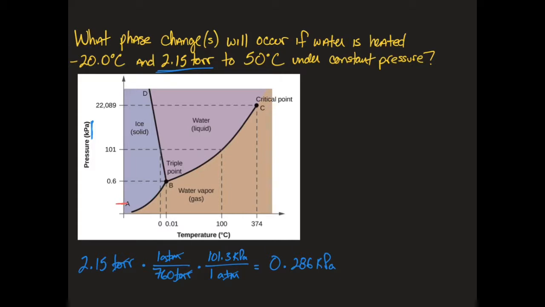We'll say somewhere in there, right? It doesn't have to be exact. Negative 20 degrees Celsius, I'd say that's fair to say that that's down here as well, right? So we're probably starting with solid water. Can we call it ice? Let's call it ice.